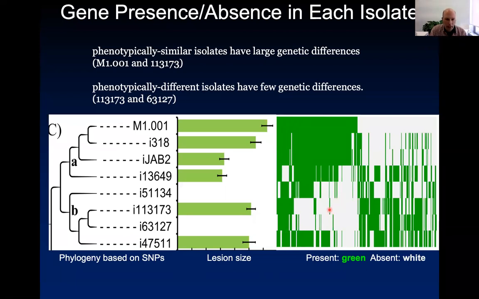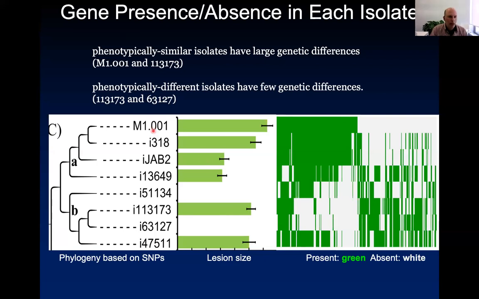If there's a green line, that means that there is a gene that is present in this isolate, but it's absent in this isolate, for example. And the main thing that you can see here is that, as it says here, phenotypically, or based on lesion size, very similar isolates can have large genetic differences.